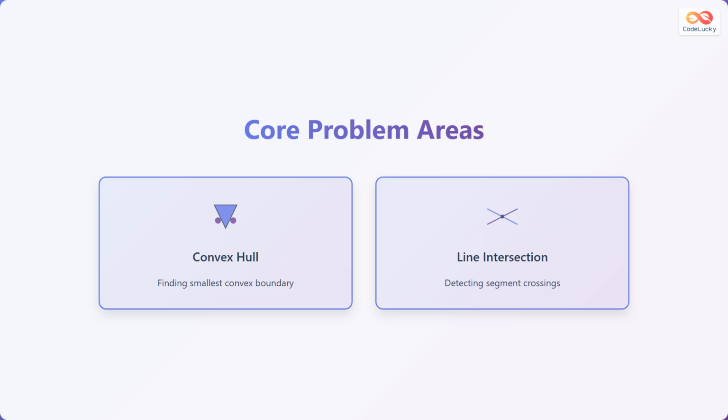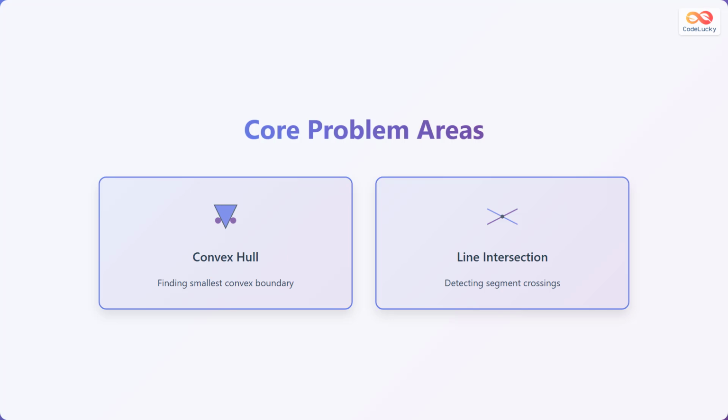Computational geometry tackles a wide array of problems, but some of the core areas include convex hull and line intersection. Let's start with the convex hull. Imagine you have a set of points scattered on a plane, and you want to find the smallest convex polygon that encloses all of them. This polygon is called the convex hull.